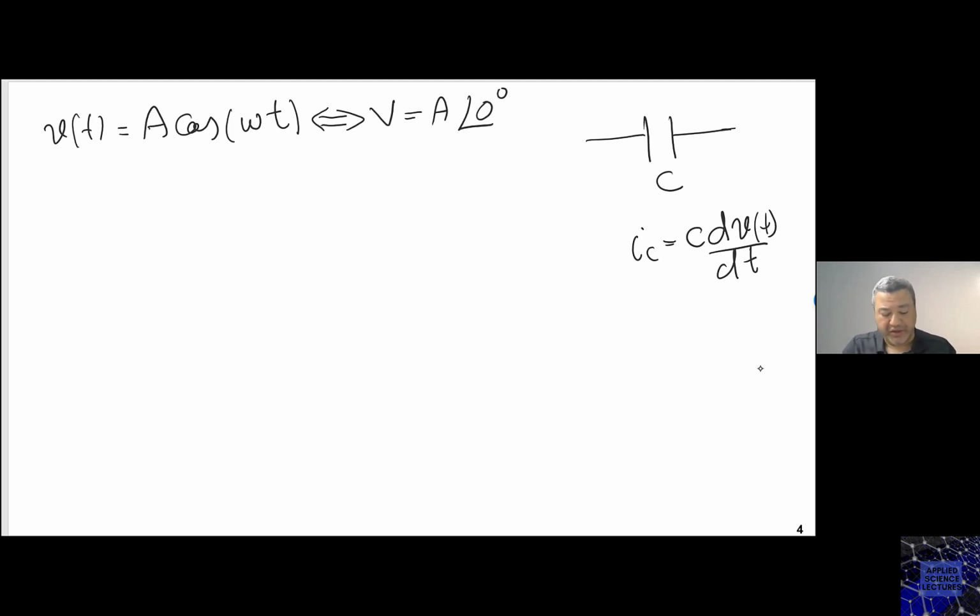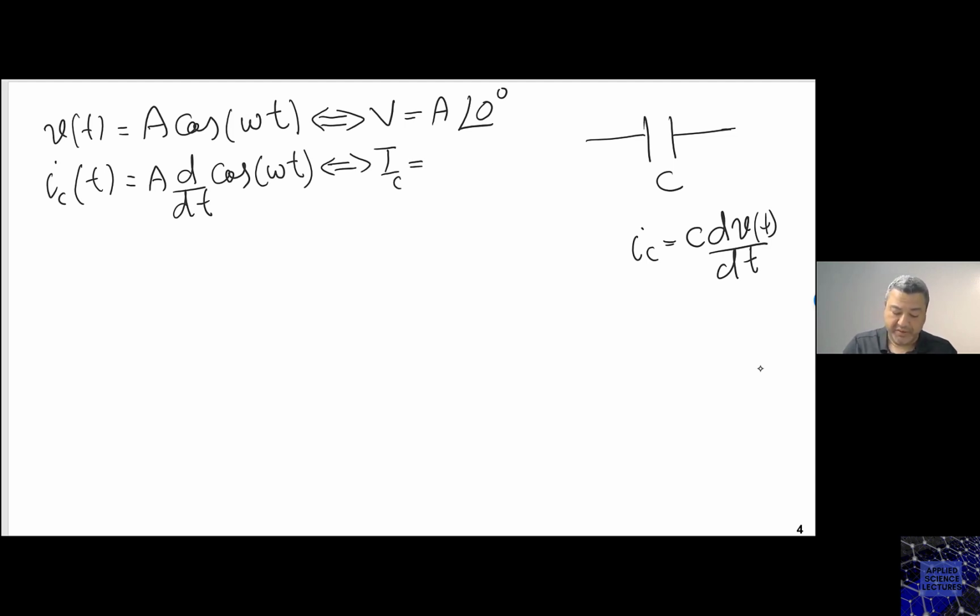This is the phasor representation of this signal. Now, if I calculate the current, i_C(t), being the derivative of this sinusoidal signal, I have A d over dt of cosine omega t.